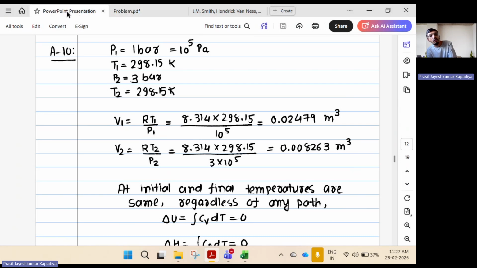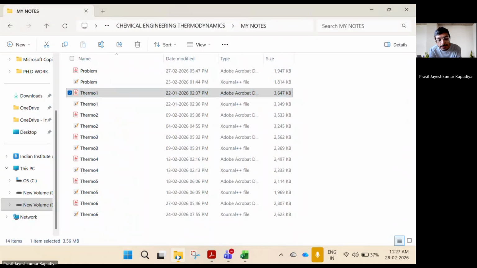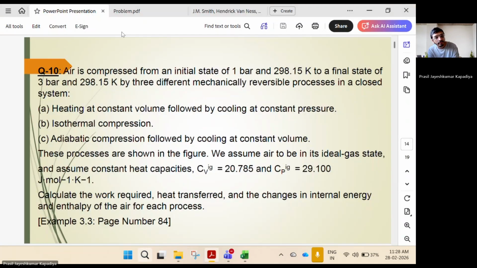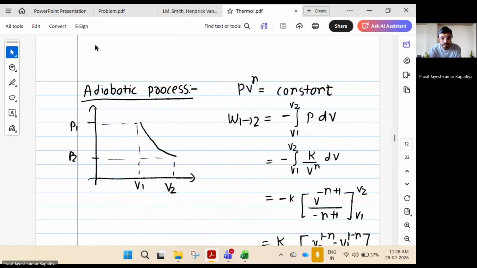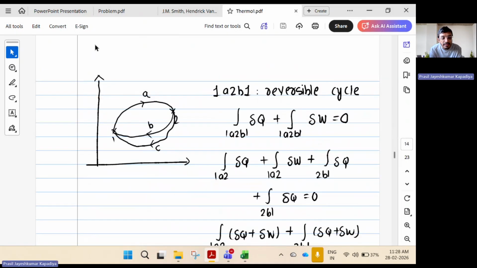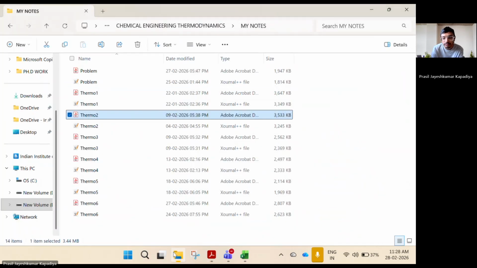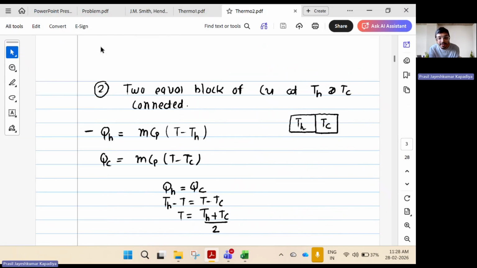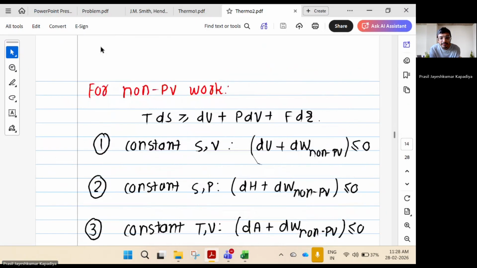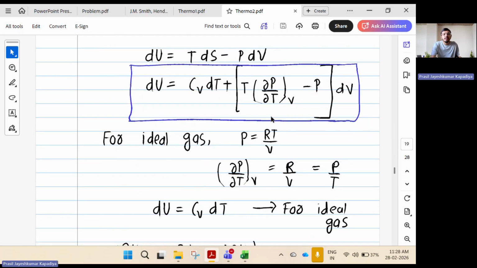From our first week lecture, for an ideal gas, we know that dU is only a function of temperature.